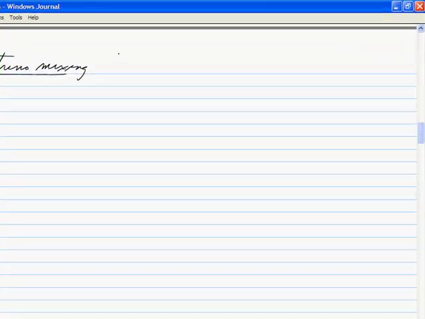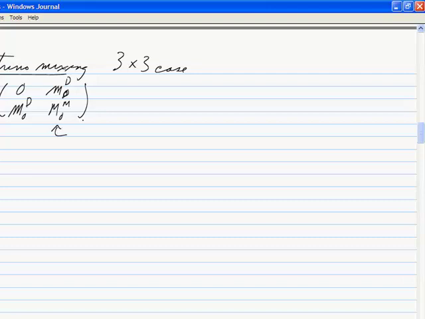So now we go back to the 3x3 case, and we have M0 diagonal, Dirac, M0 Dirac, M0 Majorana. The Dirac ones are completely general 3 by 3 complex matrices. Majorana has to be 3 by 3 symmetric.